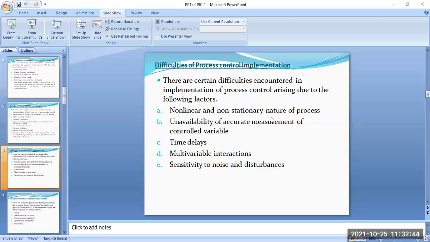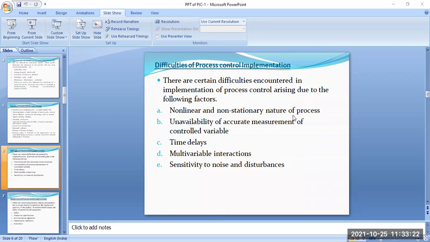This causes the process to exhibit highly variable behavior, that means sluggish to respond at times. Then also any process can be oscillatory or even unstable at other times. So these are basically the nature of process difficulties in process control implementation.